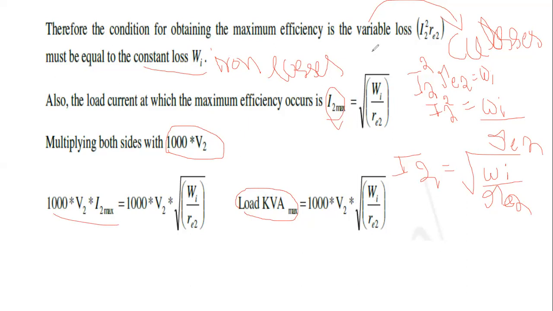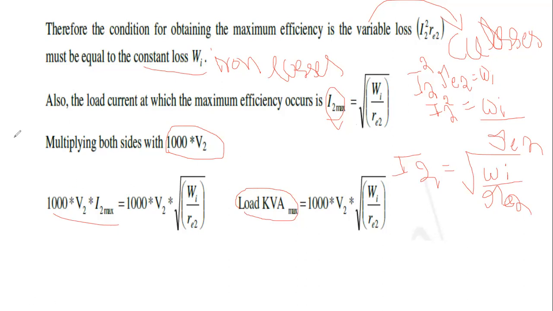This is the condition for maximum efficiency, that the variable losses are equal to the constant losses. The variable losses are the copper losses, equal to I2 square R2, and the constant losses are the iron losses, Wi. Therefore, using iron losses equal to copper losses, we determine the maximum current I2 max.